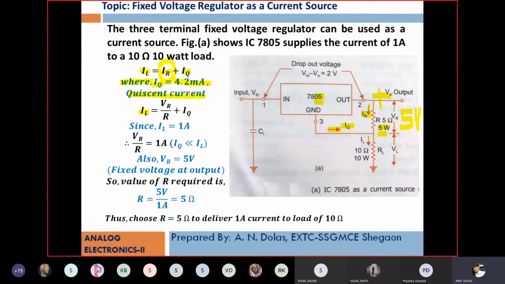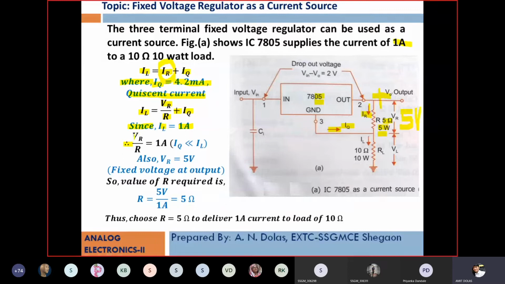So we know the voltage across it, and we know the current that we require. So we can write the equation: IL equals voltage across R divided by the resistance itself plus quiescent current IQ. Since what we need is a load current of 1 ampere, load current is equal to 1 ampere.